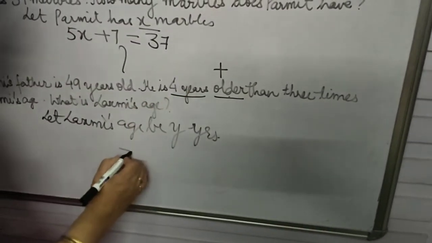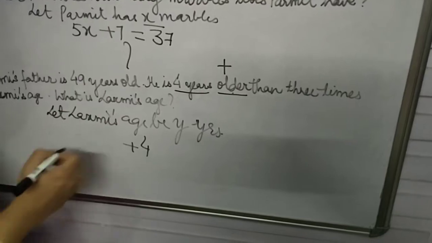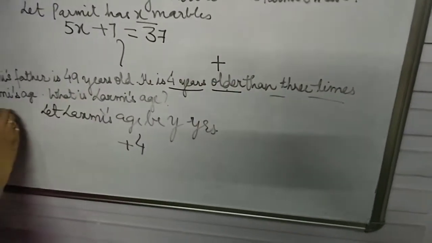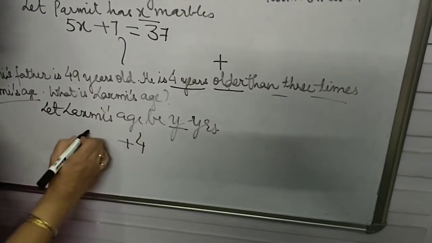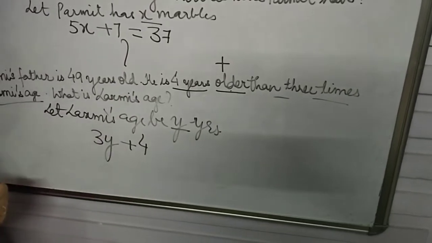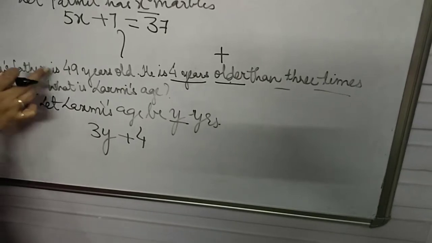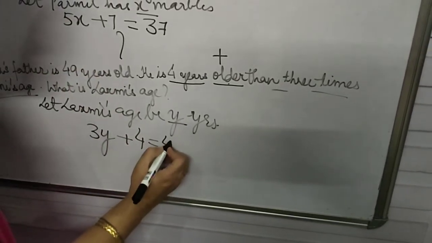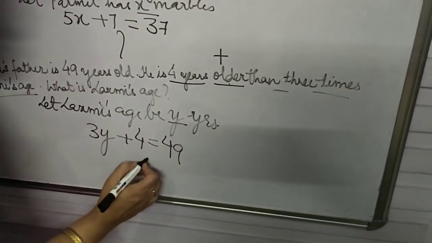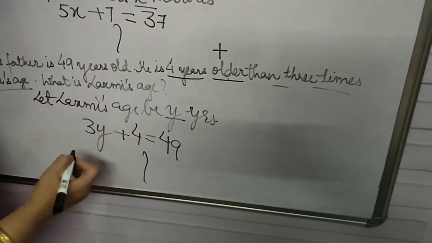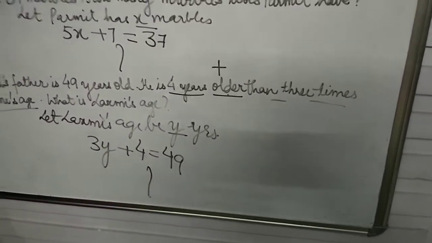Now 4 years older means plus 4. Then 3 times Lakshmi's age. Lakshmi's age is y, so 3 times Lakshmi's age would be 3y. So 3y plus 4 is Lakshmi's father's age, and father's age is 49. So our equation is 3y plus 4 is equal to 49. Now this is a simple equation. You can solve it yourself.